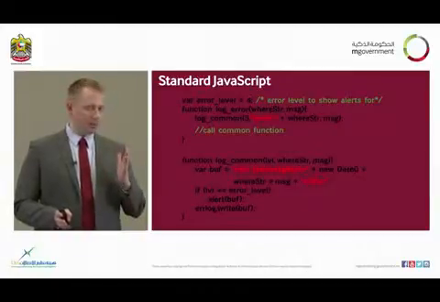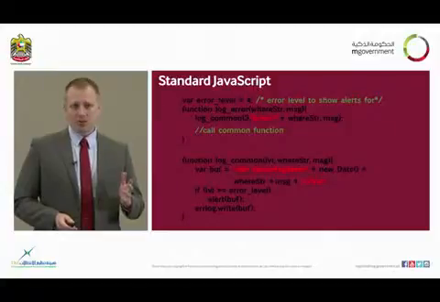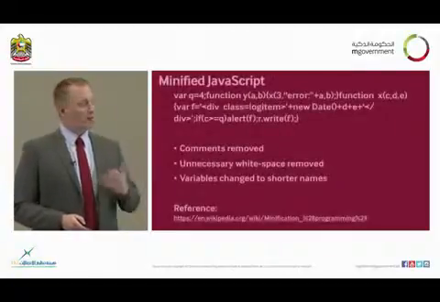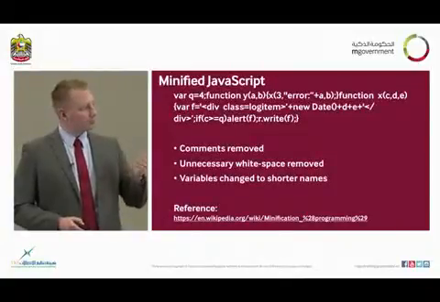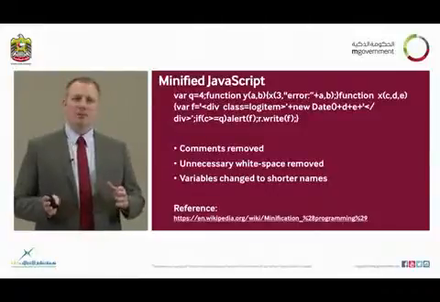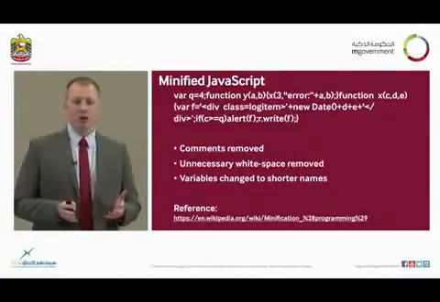So one very simple example of code obfuscation, particularly with JavaScript, is something called minification. We can take this block of code and minimize it. What we have done here is we have removed unnecessary white space, so we have destroyed that structure of the code.